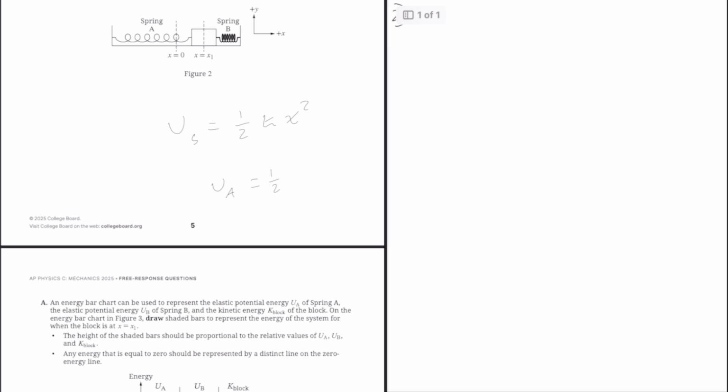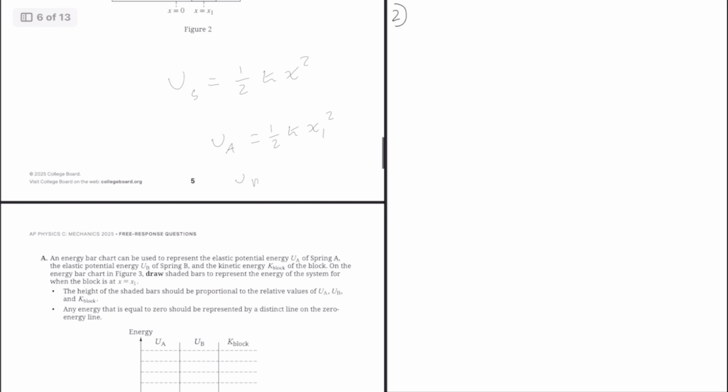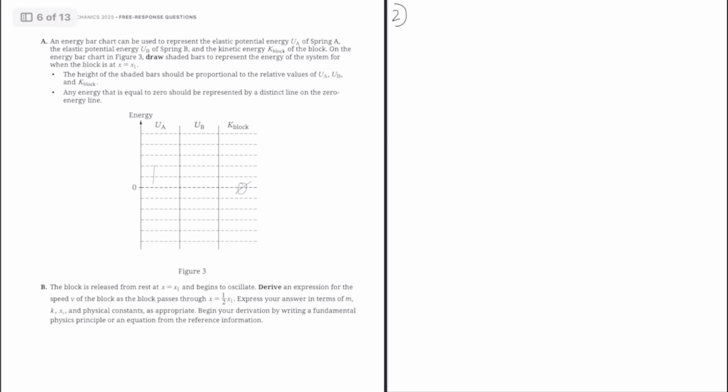It's 1/2 k x1 squared, right? Now for UB, I'm compressing it that same distance, but it's 2k, so 1/2 (2k) x1 squared. So therefore UB has to be double UA. So now I can arbitrarily pick UA to be this high, and UB has to be that high. Does that make sense? Hopefully it does.